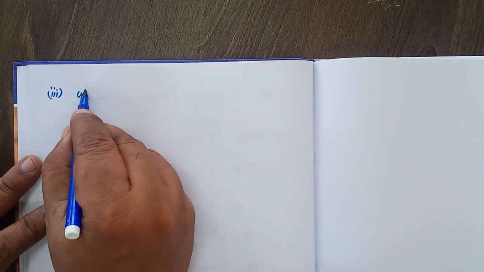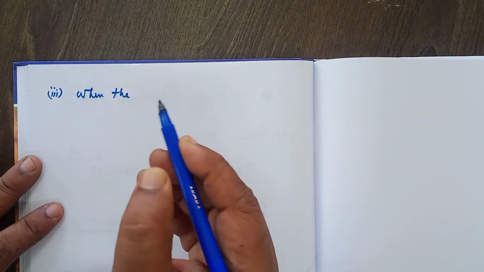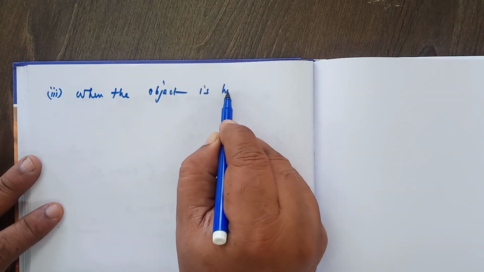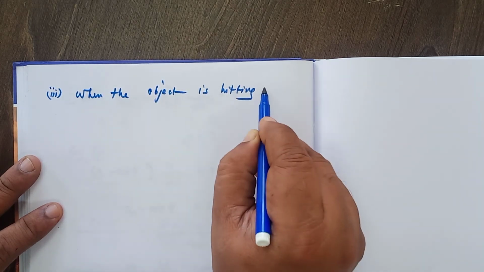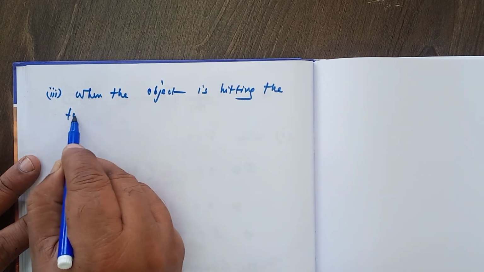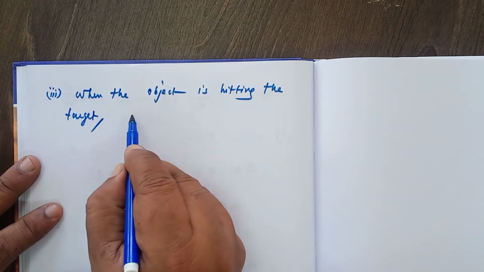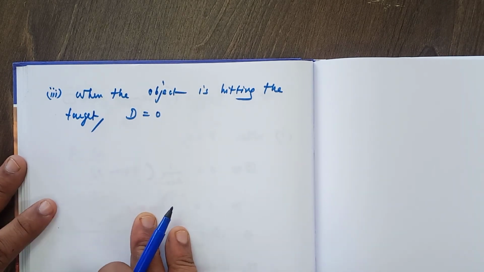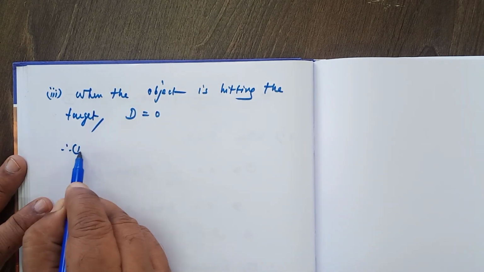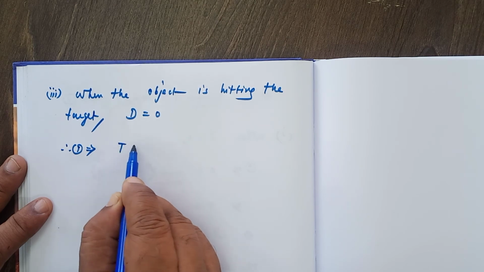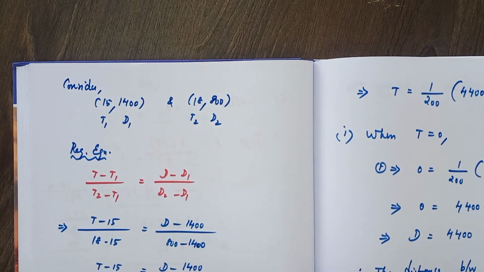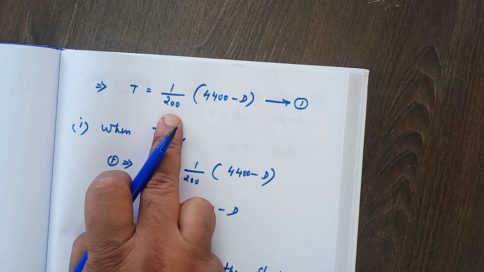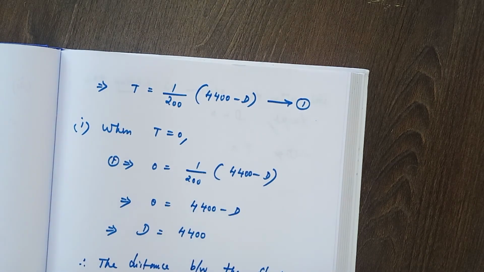When the object is hitting the target, d equals 0, distance equals 0. Therefore, equation number 1 implies t equals, I have to replace the d by 0. Therefore, t equals 1 by 200 into 4400 minus 0.